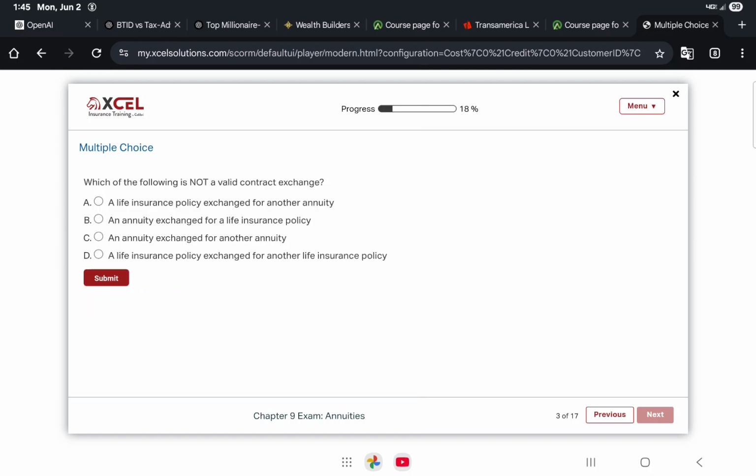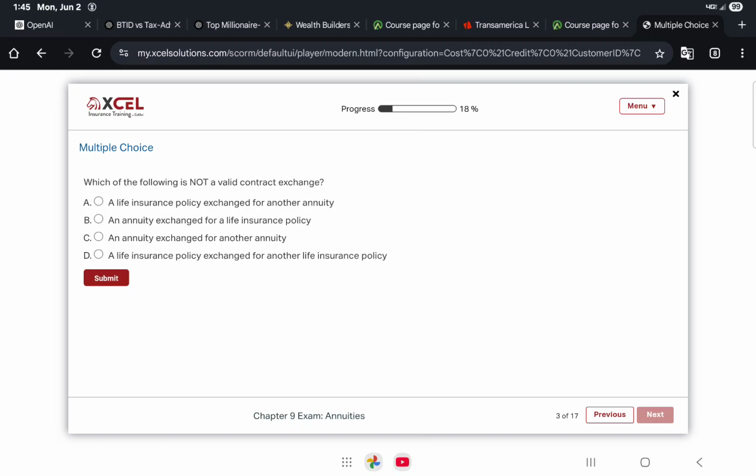Which of the following is not a valid contract exchange? So with exchanges, you can only do like to like. If it's a retirement plan that is pre-tax, it can roll into or exchange into another pre-tax retirement plan. So that's something to keep in mind.